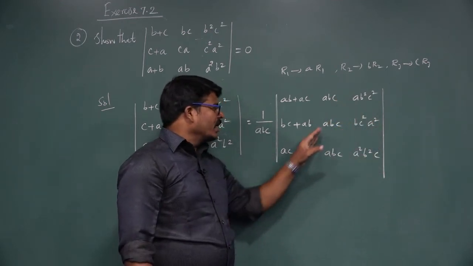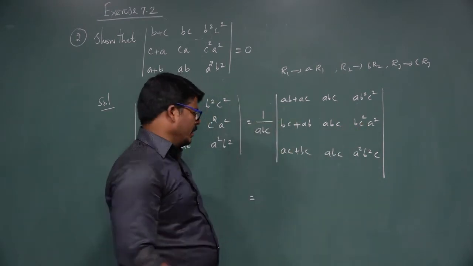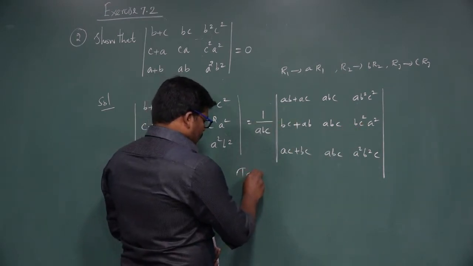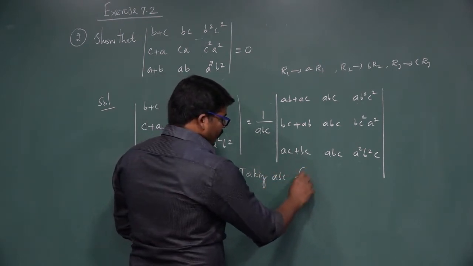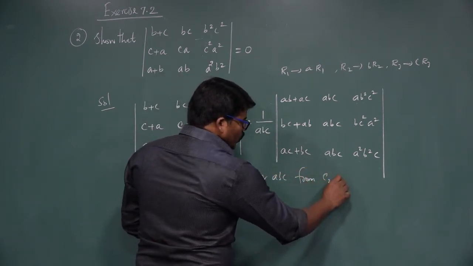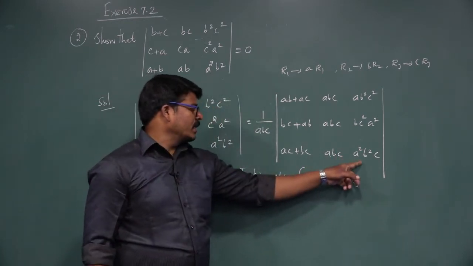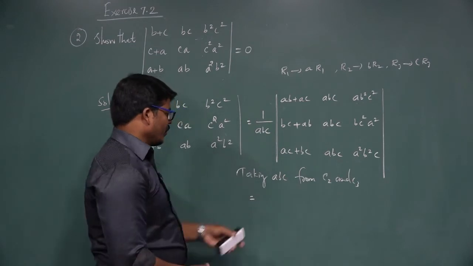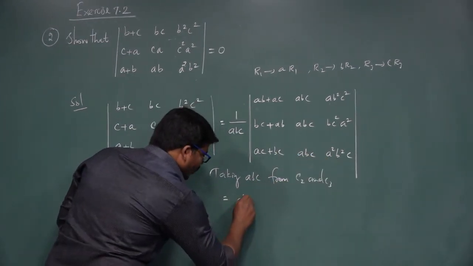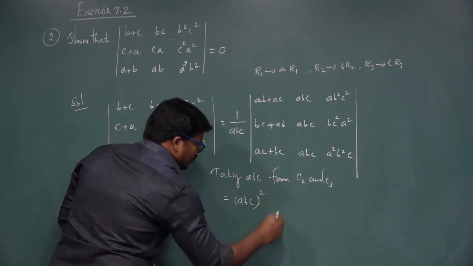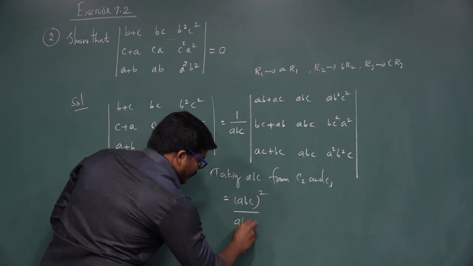Now taking ABC common from C2 and C3 outside, this side is ABC whole square by ABC.